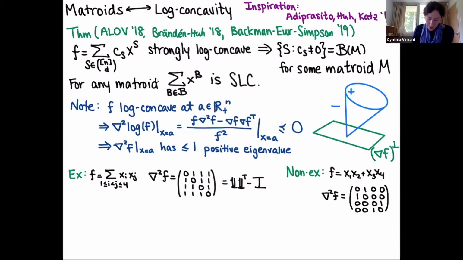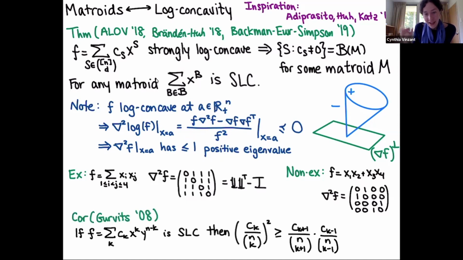Yeah, and this property of having one positive eigenvalue is useful in various ways. One of them is that you can use it to understand the shape of this distribution a little bit. The univariate example of this is that if you had a strongly log concave polynomial, homogeneous in 2 variables, which is fairly restrictive, then the coefficients have to satisfy Newton's inequalities, so they have to be ultra log concave in the discrete sense, and there are multivariate versions of that.